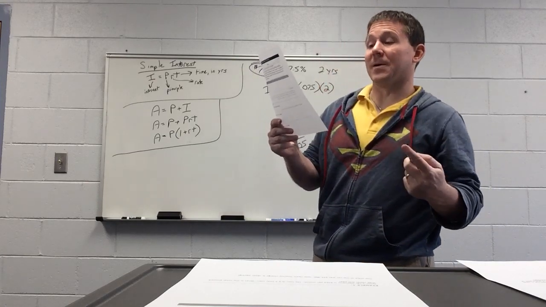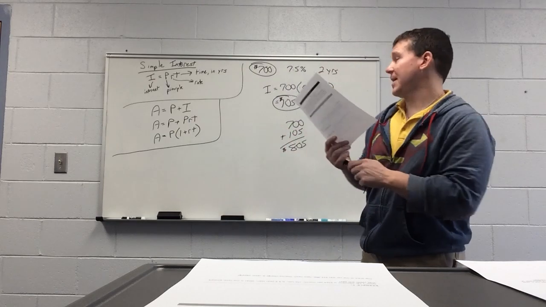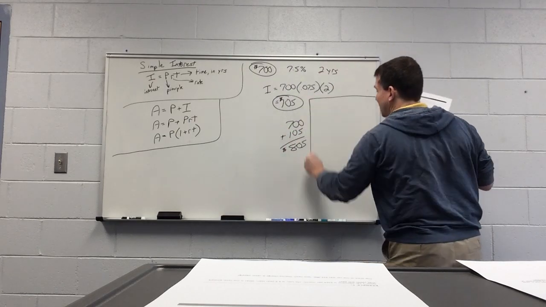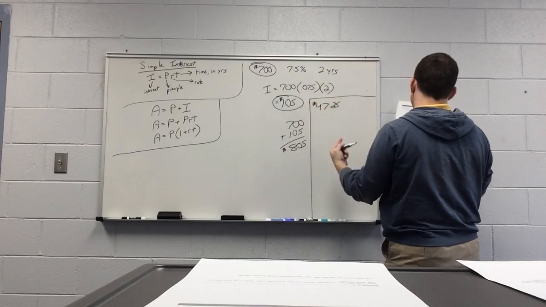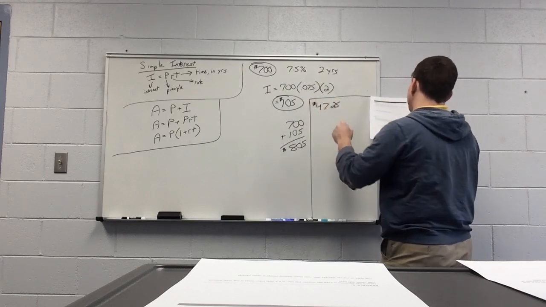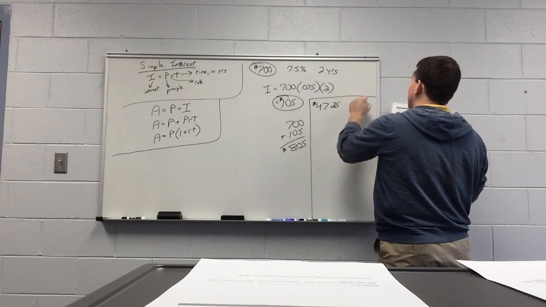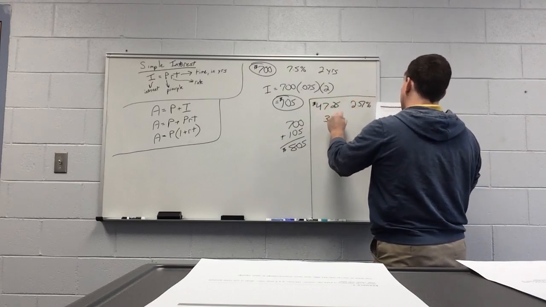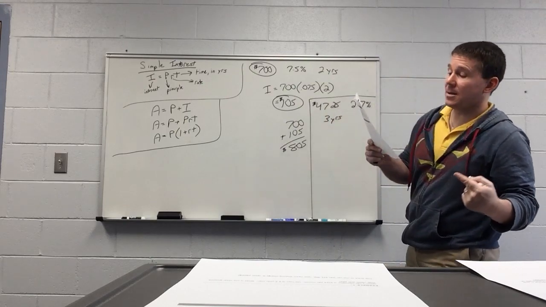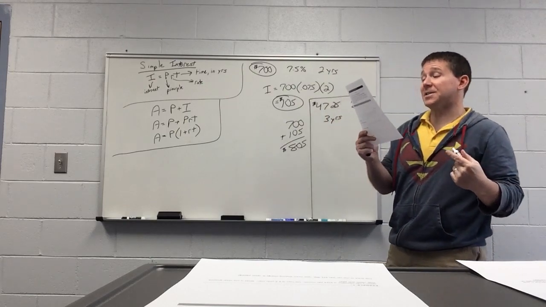Okay, example 4. If Blake invests $4,725 in an account with an annual simple interest rate of 2.57% for 3 years, after 1 month, Blake wants to know how much interest he has earned.